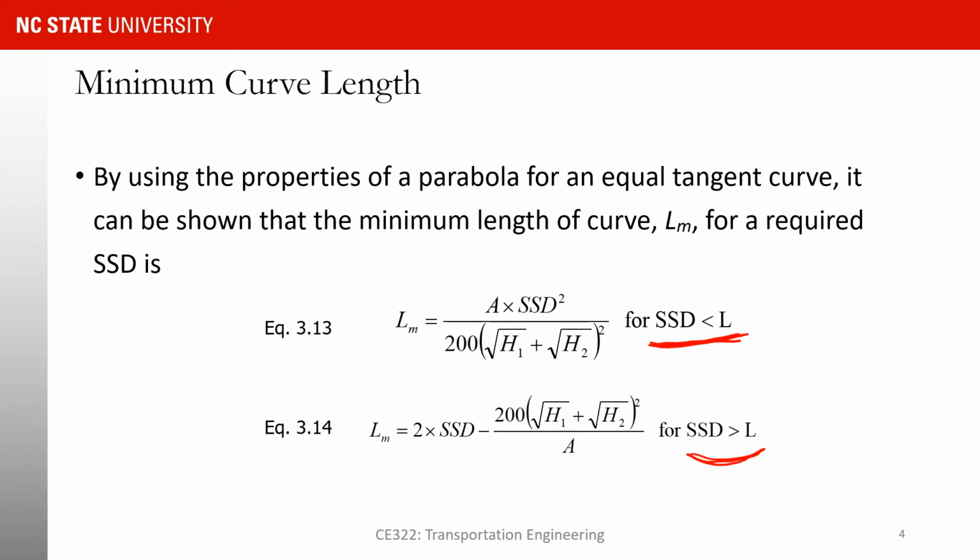The other equation is quite different. In that one, the minimum length is 2 times the stopping sight distance minus 200 times the square root of H1 plus the square root of H2, squared, over A.